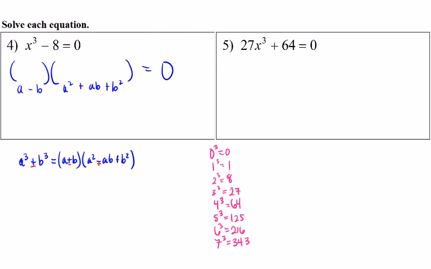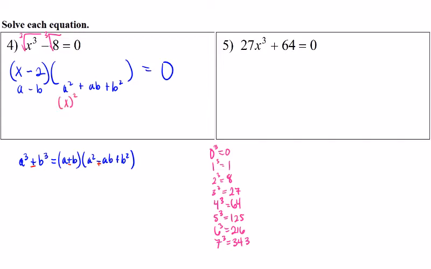Now the way you find a and b are the cube roots of these two terms, right? So I'm going to take the cube root of x cubed, and that gives me x, so I'm going to put x here. And then I'm going to take the cube root of 8, which gives me 2, so I'm going to put a 2 here. I know it's going to be a minus. You can do this mentally, you don't have to write all this down, but just to show you how it works.